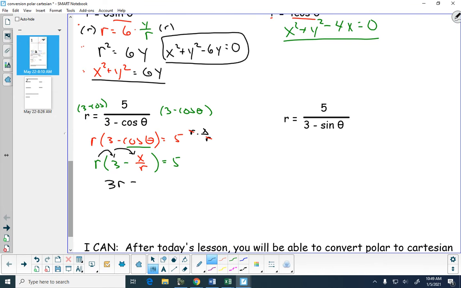So we're just left with 3r minus x is equal to the value of 5. The problem we run into is we still have an r in there.